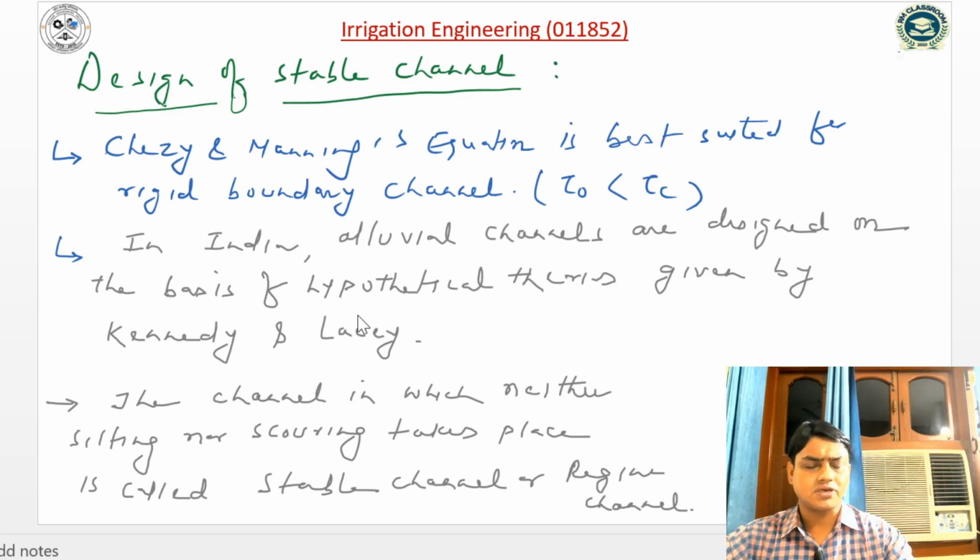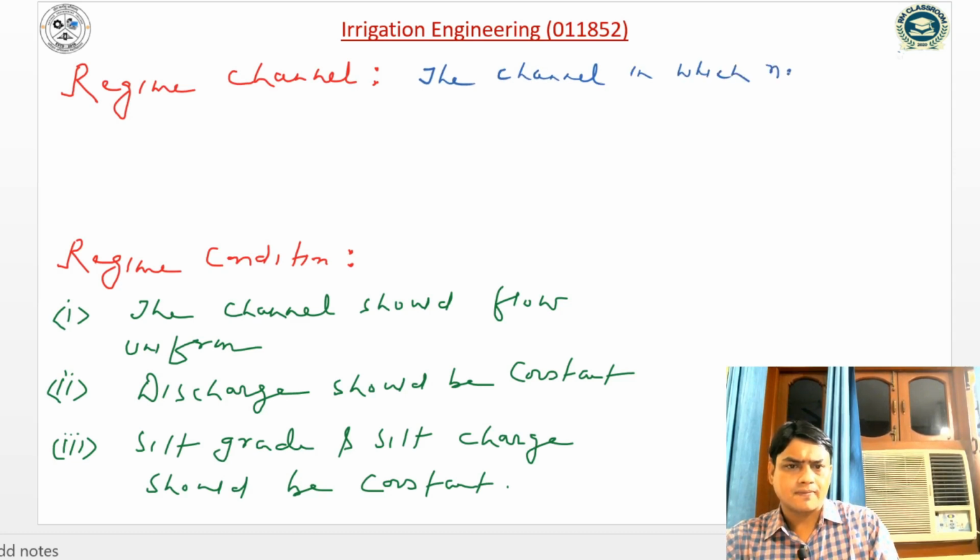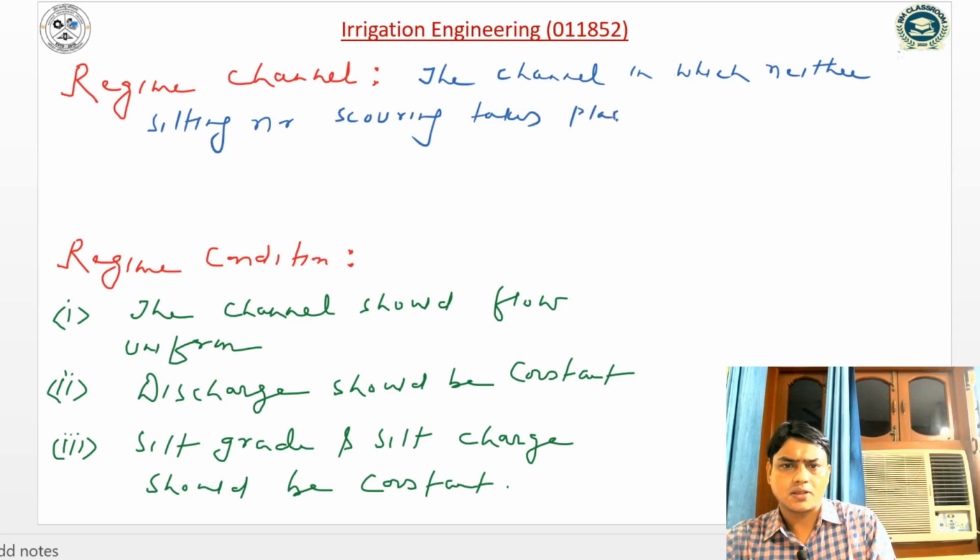The channel in which neither silting nor scouring takes place, such type of channel is called a stable channel or regime channel. So firstly I am going to write the definition of the regime channel: the channel in which neither silting nor scouring takes place.